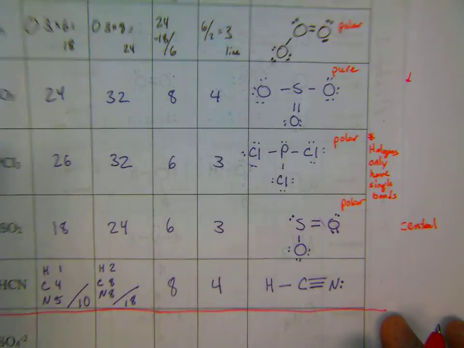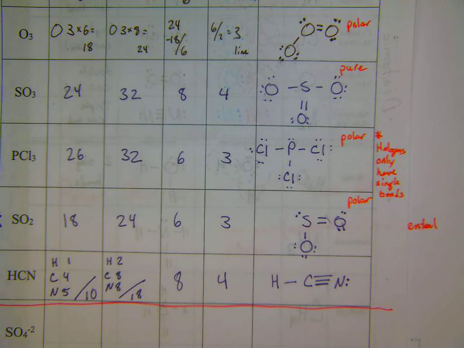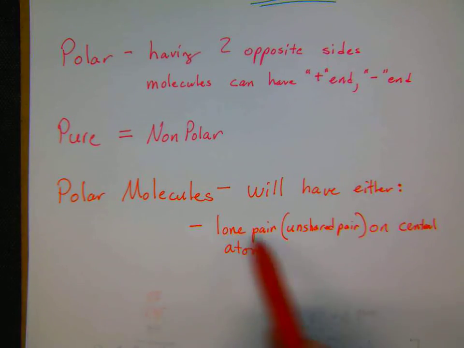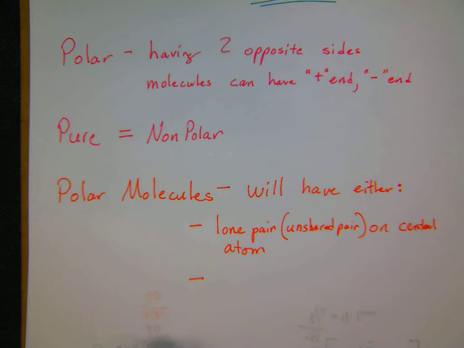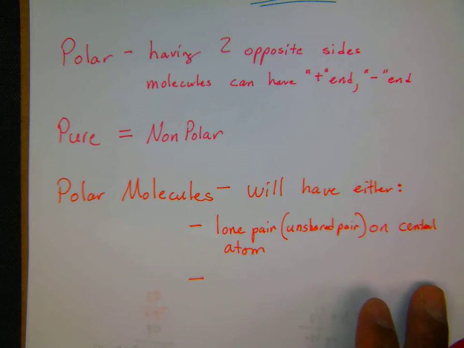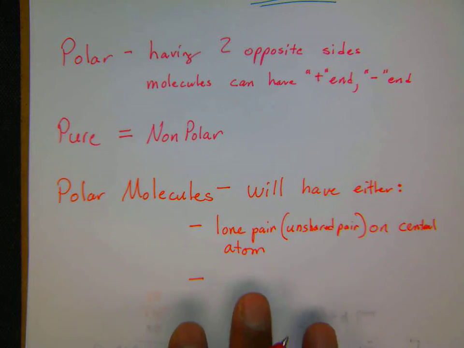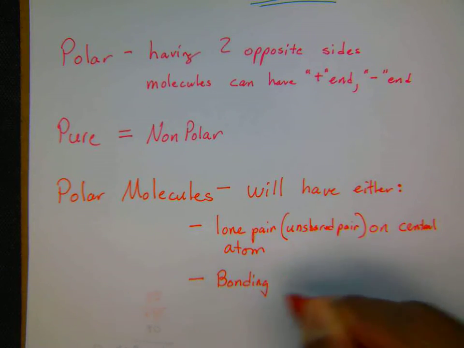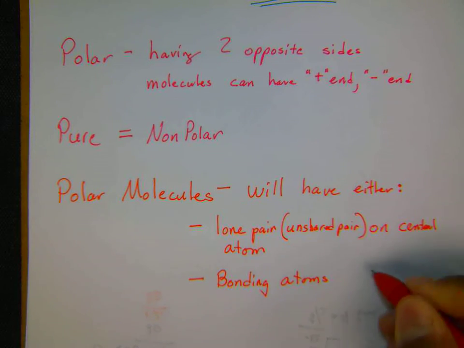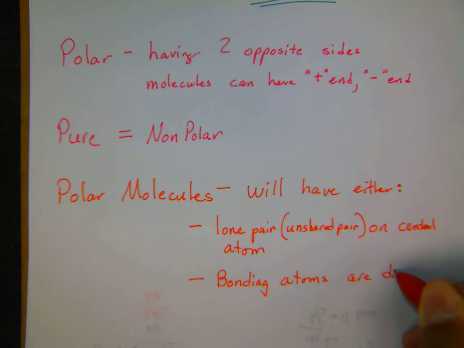Now, HCN. All right, hold your thought. Because I said we'll have either this, that means there's going to be another qualification. So the next qualification is, it might have lone pairs on the central atom, or the bonding atoms are different.